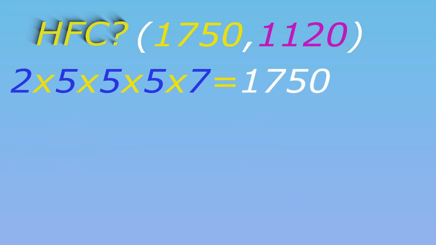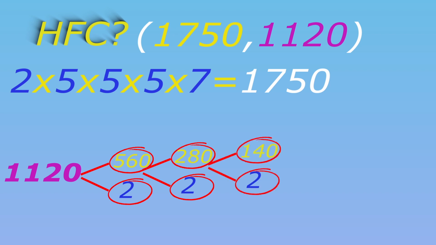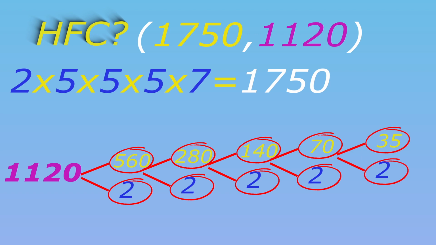Now let's do 1120. 1120 equals 2 times 560. 560 equals 2 times 280. 280 equals 2 times 140. 140 equals 2 times 70. 70 equals 2 times 35.